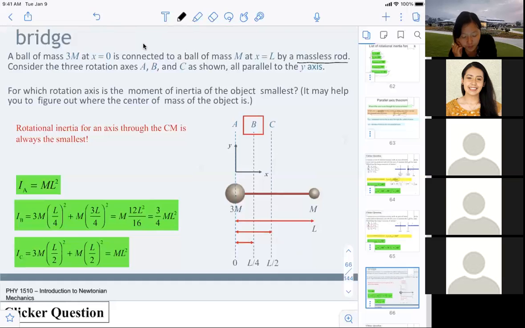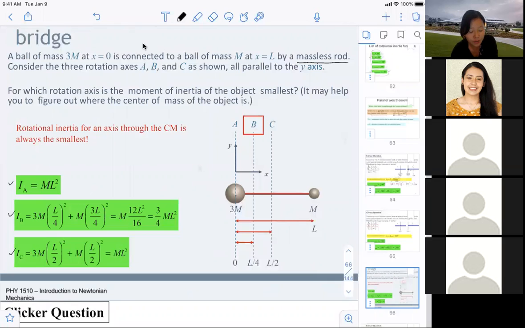There are two ways to do this. One way is, let's just calculate each one of them and compare which one is the smallest. That's the first method. If we calculate each one of them, we have talked about this. This is a two-mass discrete distribution.